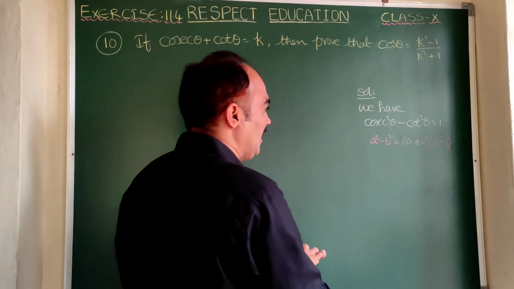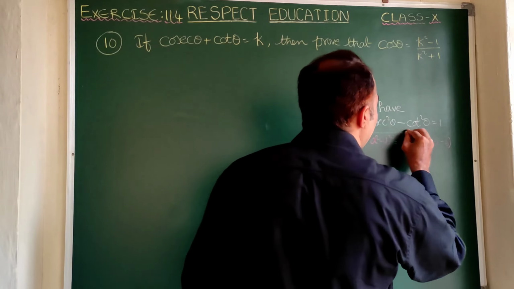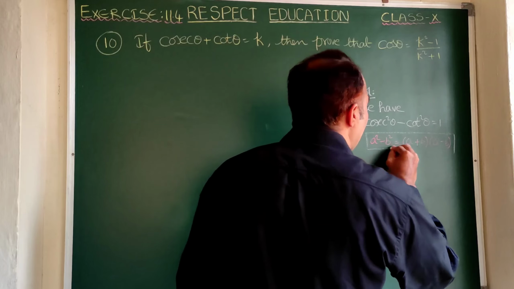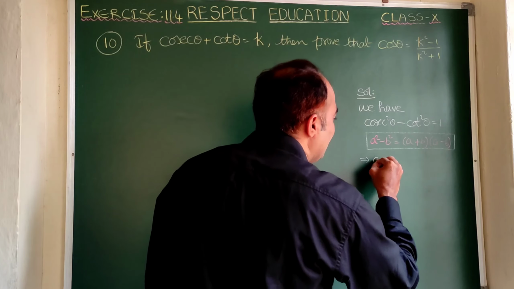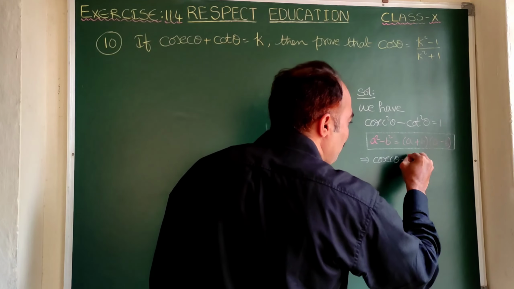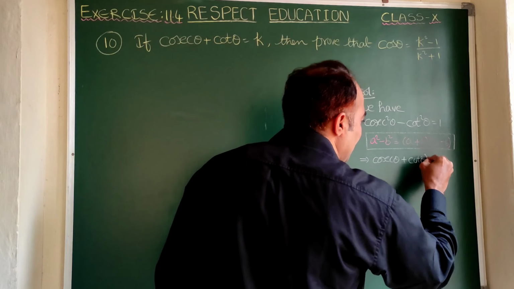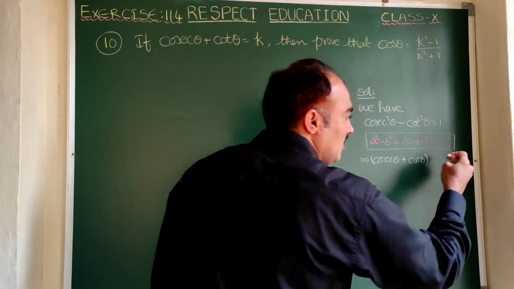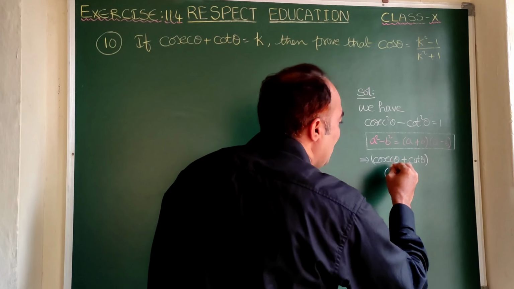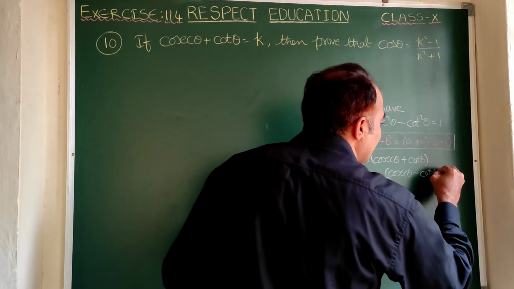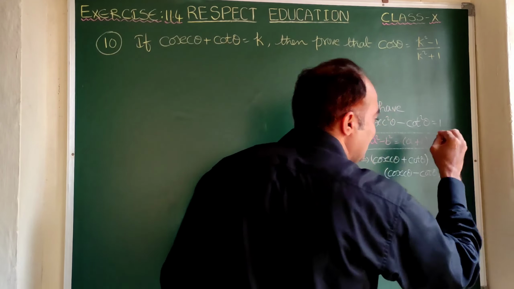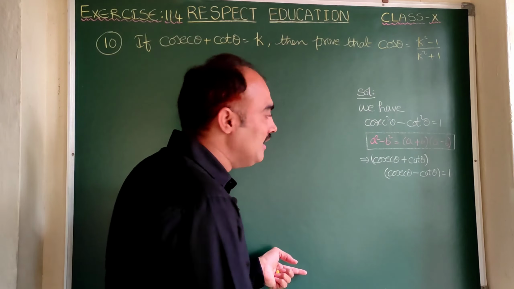Based on this formula, let us expand cosecant square theta minus cot square theta also. So a plus b means cosecant theta plus cot theta, into a minus b, cosecant theta minus cot theta, is equal to 1. Clear?